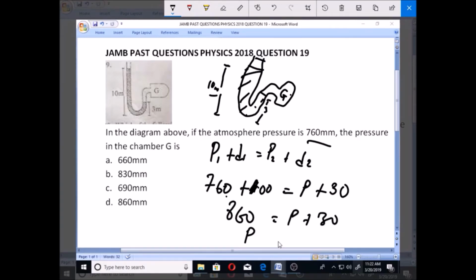So making P the subject, P is equal to 860 minus 30, which will give us 830 millimeters. And that makes B the correct answer using this simple formula. So check it out, and that is how you can come around the answer. Thank you.